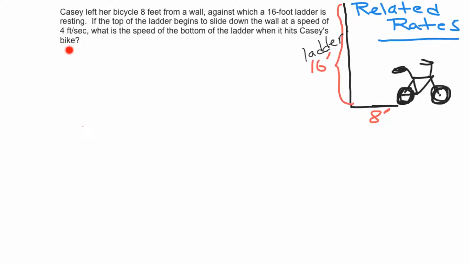There's only one rate we're given here, and that's 4 feet per second. And we know that the ladder is moving at the rate of 4 feet per second. So there are different ways to think about that. You could think of the rate from the top here as increasing at 4 feet per second, or you could think of the distance from the ground to the top of the ladder against this wall as something that's decreasing, right?